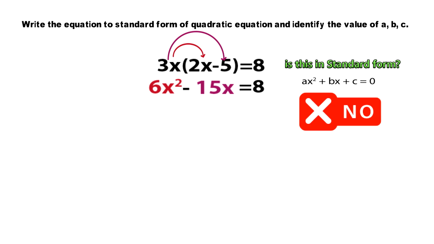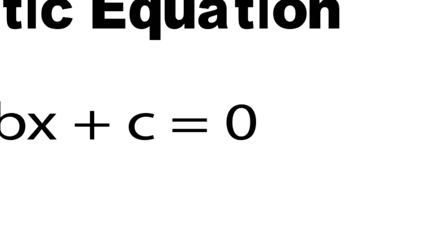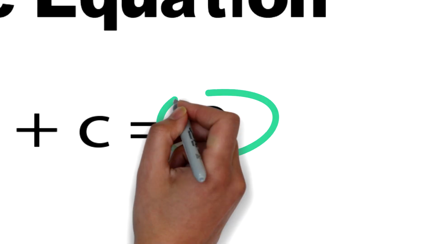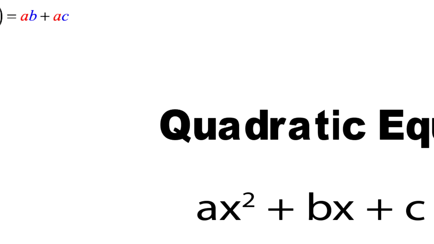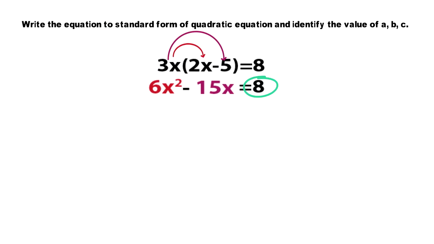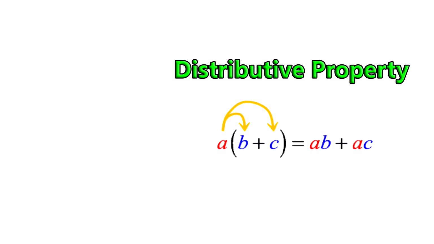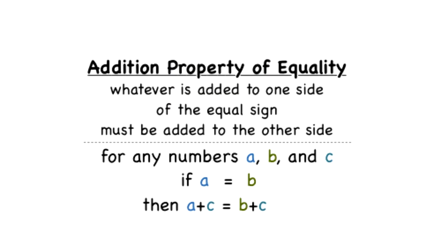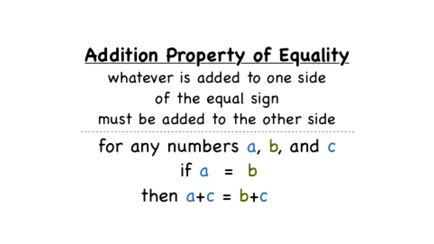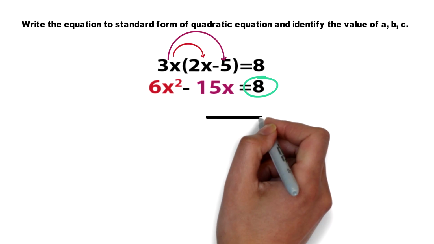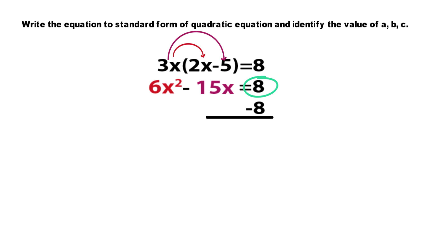No. Simply because it is equal to 8. We have to remember that the standard form of a quadratic equation is always equal to 0. Since it is equal to 8 and we want to make it equal to 0, we will use the addition property of equality. The addition property of equality is: whatever is added to one side of the equation must be added to the other side. So, we will add negative 8.